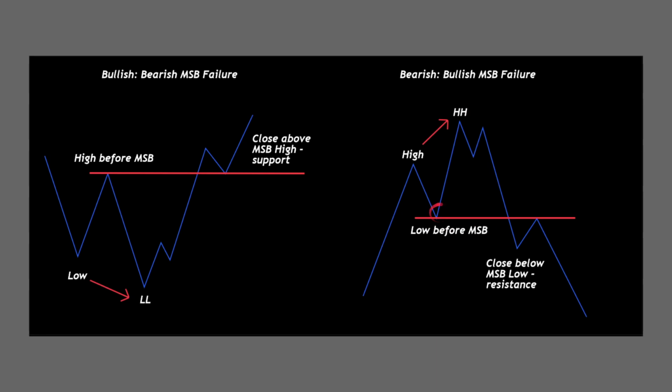Price comes up, attempts to break past this low and fails to do so. And from this high, another lower high and a consecutive lower high, price would continue to fall. And this is where we see the close below the market structure break low, and this acts as resistance.